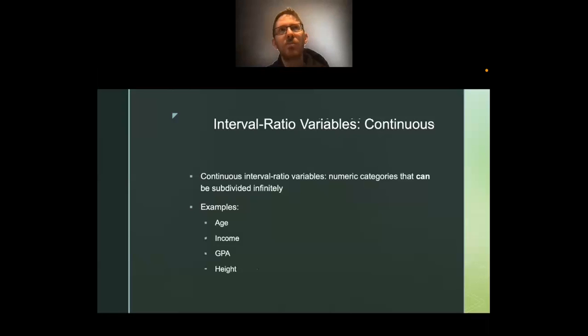Same with income, GPA, height. So any of these variables that can be divided and it still makes sense what it is, then that is a variable that is continuous rather than discrete. Okay, so those are the 5 main types of variables we'll be using in the course in terms of how they are coded, either categorical or interval ratio.